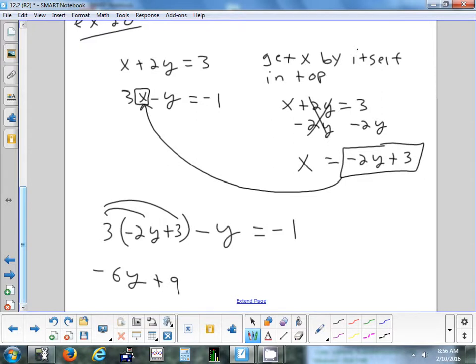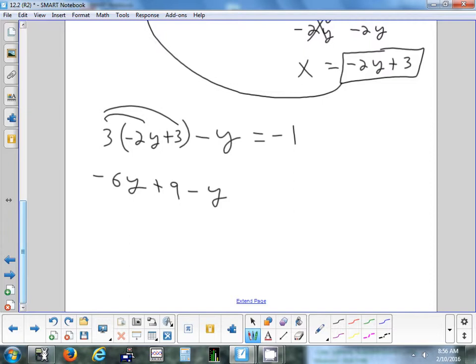And now I'll just write down the rest of it. Do I have any like terms that I can combine on the left? Yep, negative 6y, take away a negative y, and that would give me negative 7y plus 9 equals negative 1.